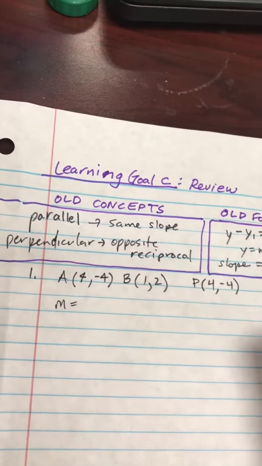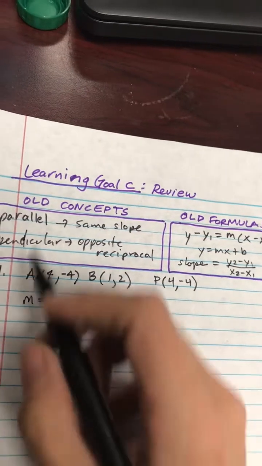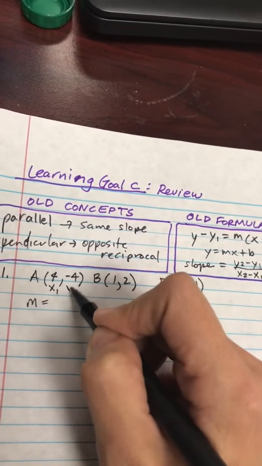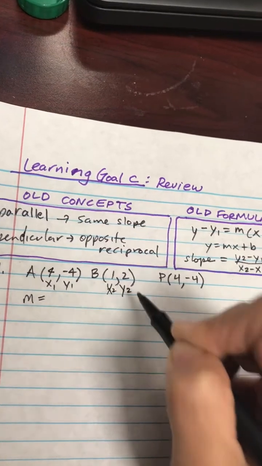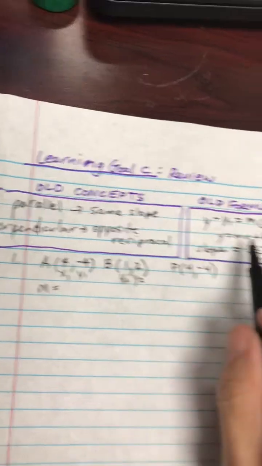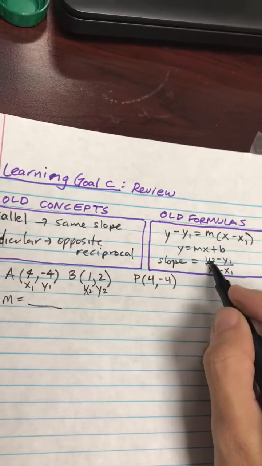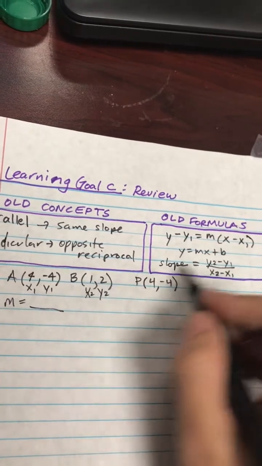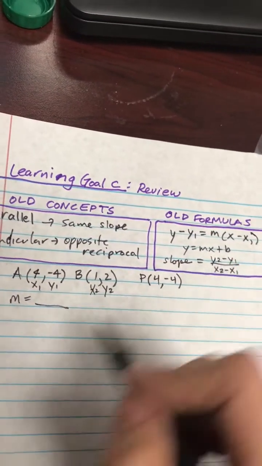The slope, I use this formula right here: y2 minus y1 over x2 minus x1. Let's label these x1, y1, x2, y2. Okay, so I have an x coordinate and a y coordinate. Let's plug it in. y2 would be 2, and y1 would be -4, and the formula says to subtract.